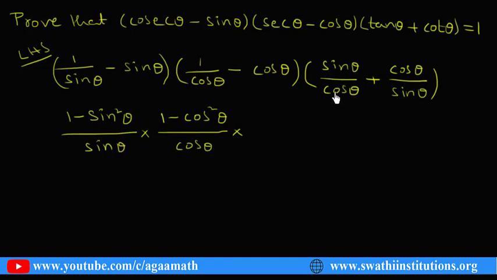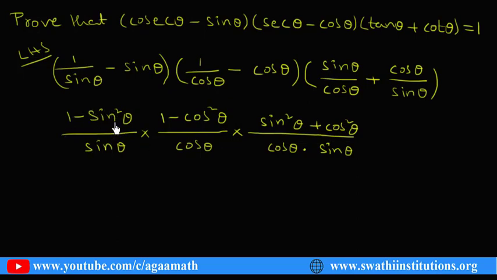So again, if you simplify both, you get cos theta into sin theta, so that you get here sin square theta plus cos square theta, because cos theta is common, sin theta into sin theta is sin square theta, sin theta is common, so cos theta into cos theta is cos square theta.